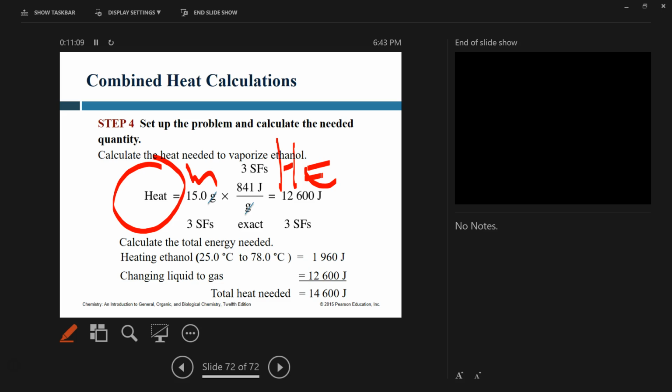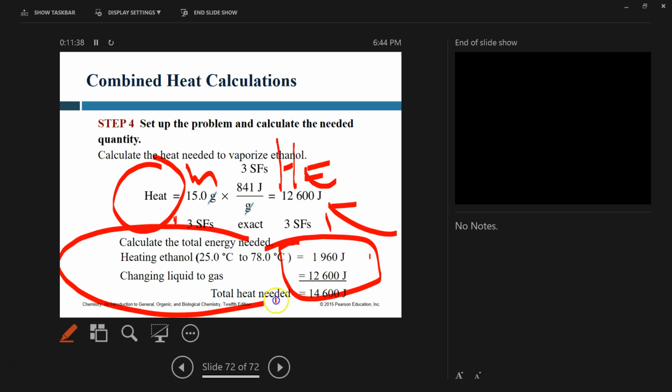The heat of evaporation is provided being 841 joules per gram. So that's the heat that you need to evaporate that ethanol. Put them together. This is your answer. Does that make sense? The last step is questionable. What do we do at the bottom here?